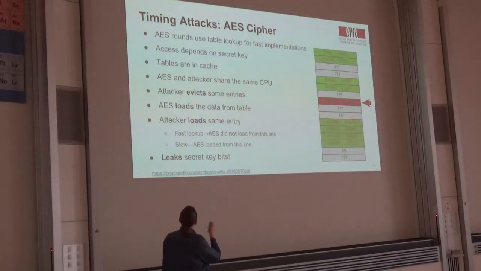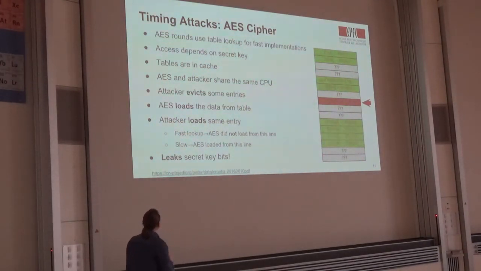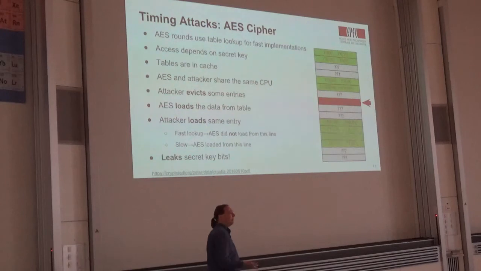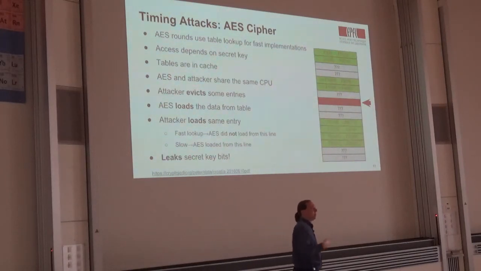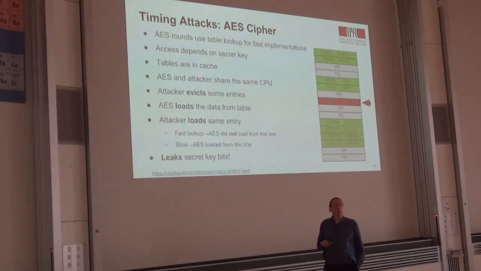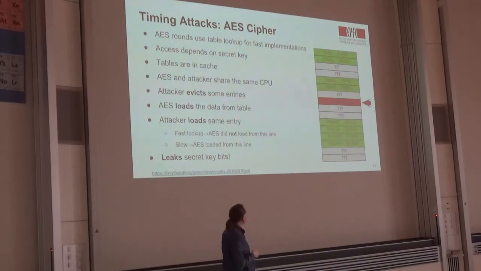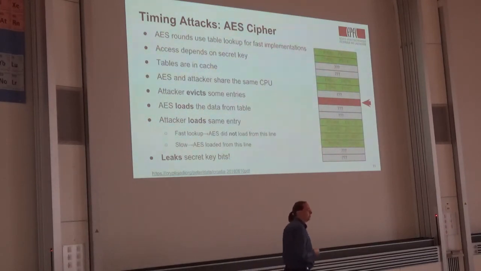He'll read a particular entry, and if that read is fast, below a threshold in time, then that probably means that the victim's AES code did not load from that particular cache line. Whereas if it's much slower, and these differences are fairly huge because of the memory hierarchy, then the attacker can infer that the AES encryption loop did load from that particular cache line.